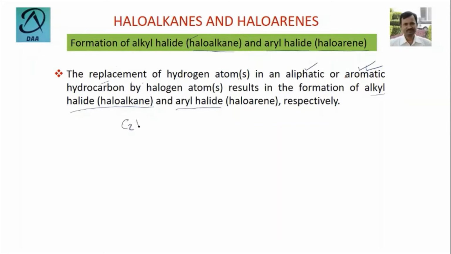Suppose C2H6. This is ethane, we know. So one hydrogen will be replaced.